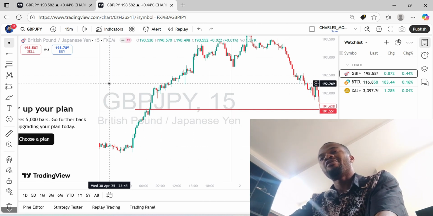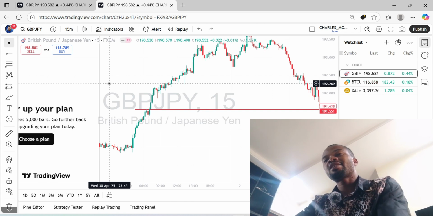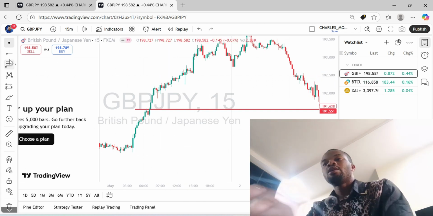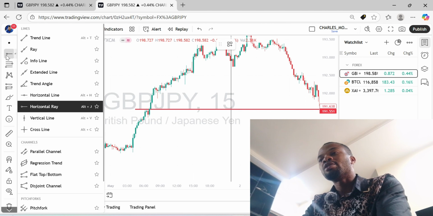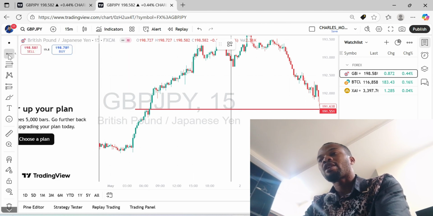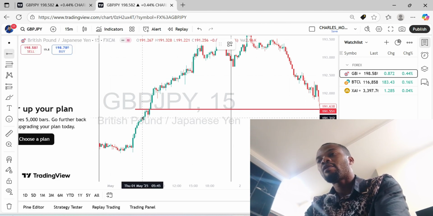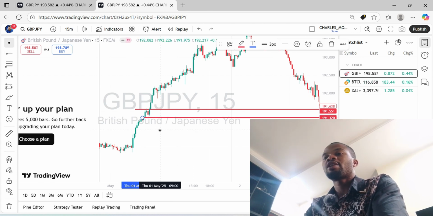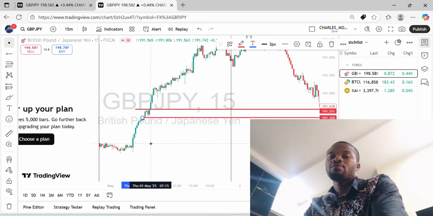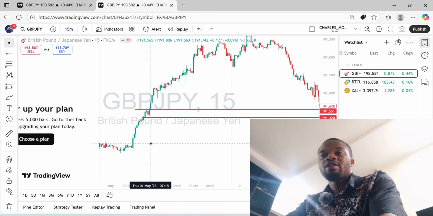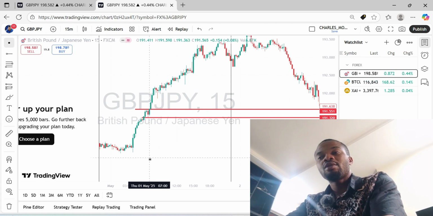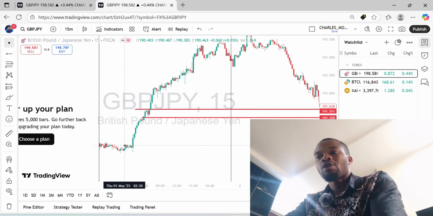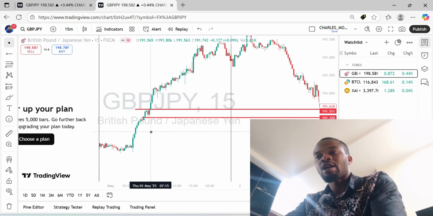Then if a sell setup should come, it's probably going to be after I've taken my horizontal line under this bearish candle. You see that? If probably I should see any sell setup again, because this little retracement has already given me something like this consolidation you are seeing at this zone.